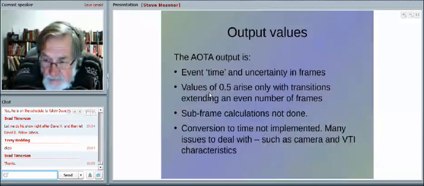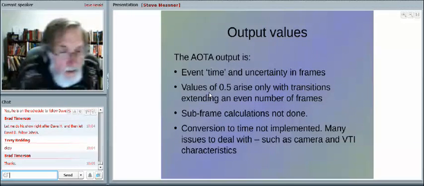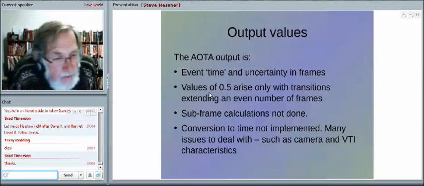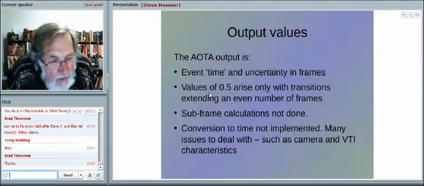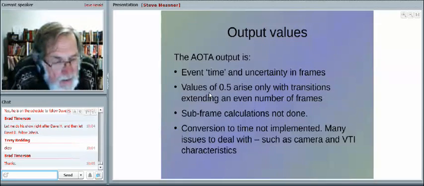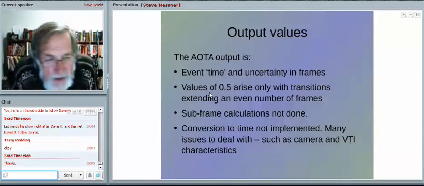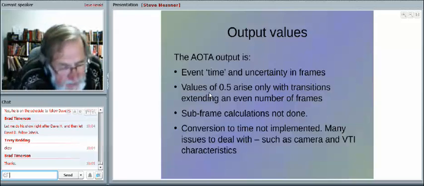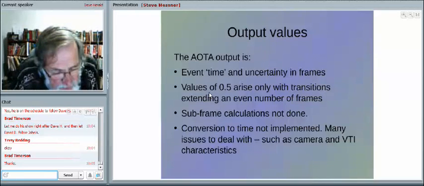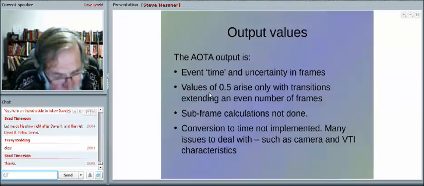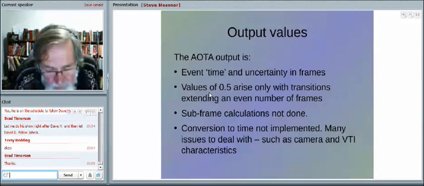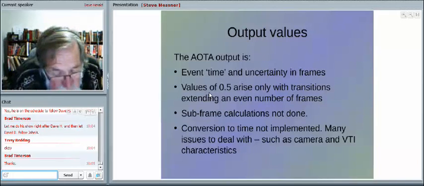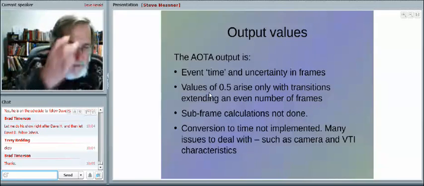Next slide. The output of it, at this stage, the event time and uncertainty I generate is entirely in context of frames, and in frames I'm really referring to the measurement units used within the analysis, whether it's individual fields or frames, whatever the individual measurement unit is.